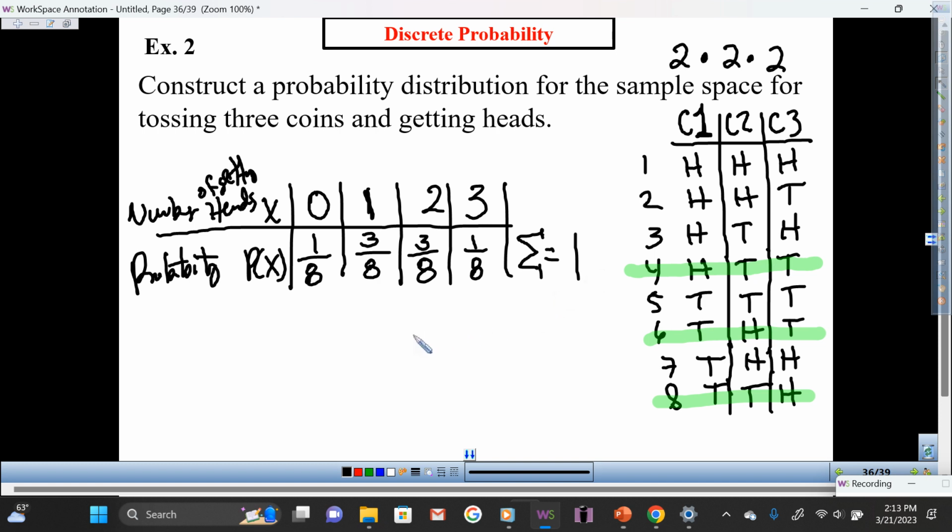Now, in the homework, they might ask you to make a graph. So the graph would look something like this. This is our x. This would be our P of x. So then what is our x? We start at 0, 1, 2, 3.